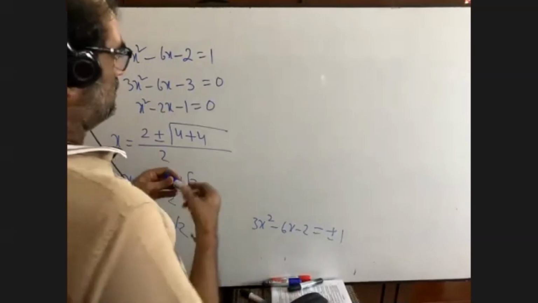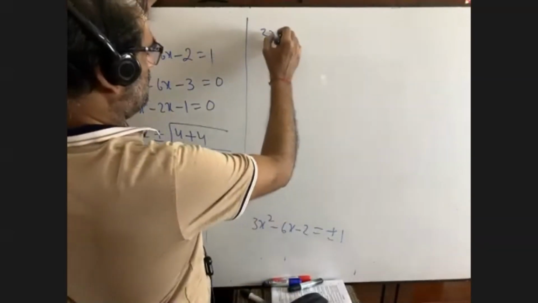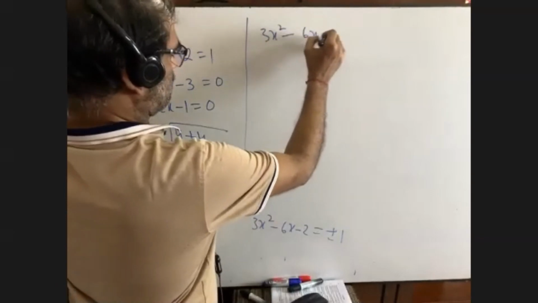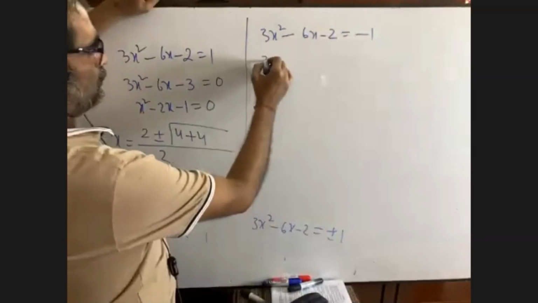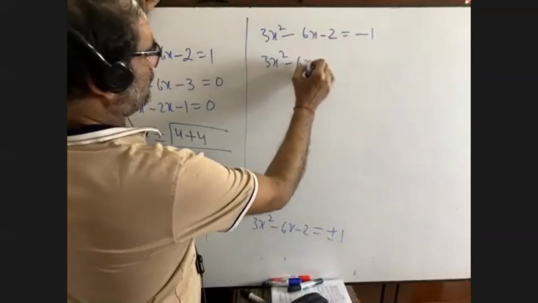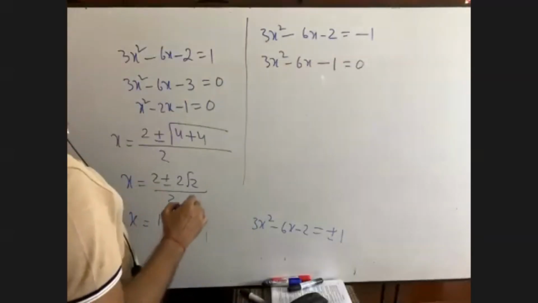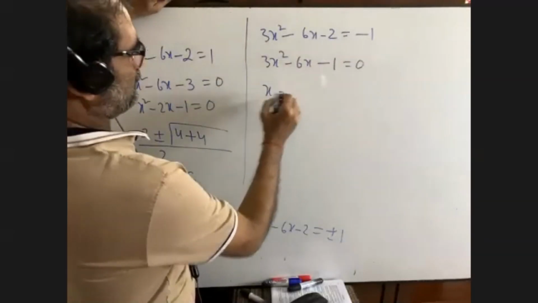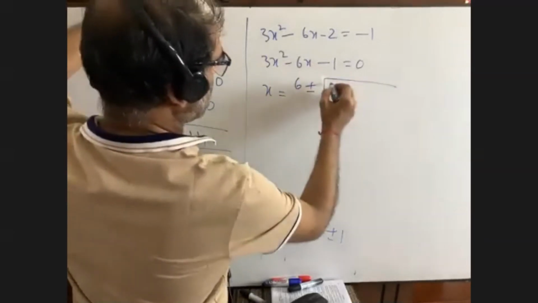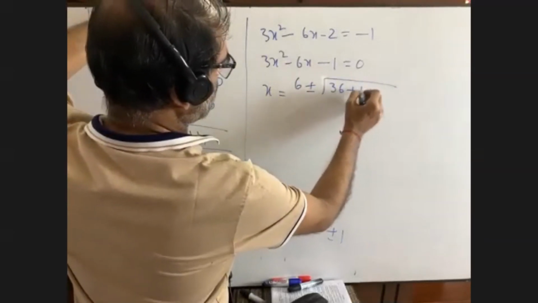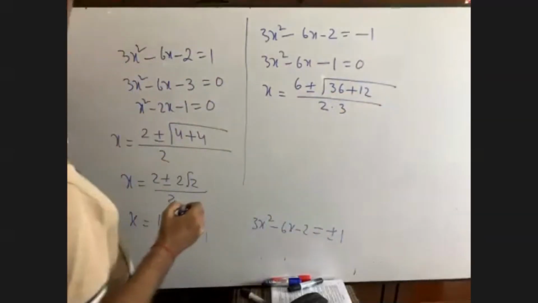Again here, 3x square minus 6x minus 2 equals to minus 1. So 3x square minus 6x minus 1 equals to 0. So we are getting x equals to minus b plus minus root over b square minus 4ac by 2. Okay.